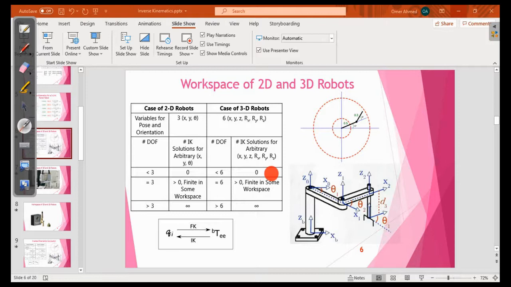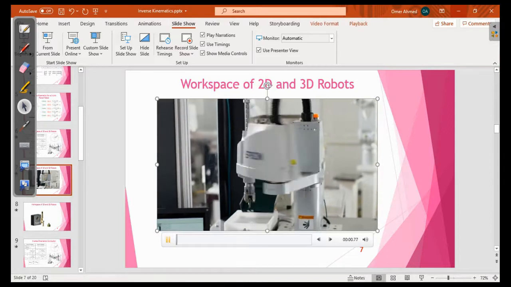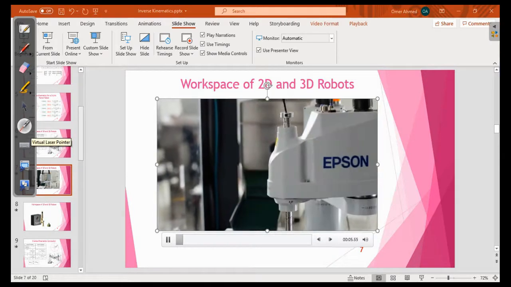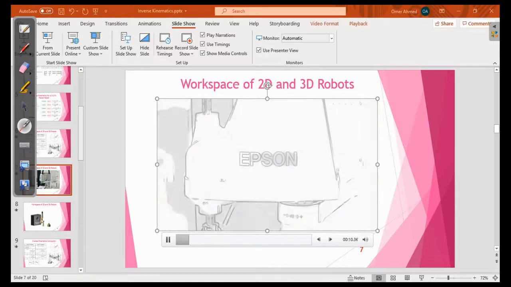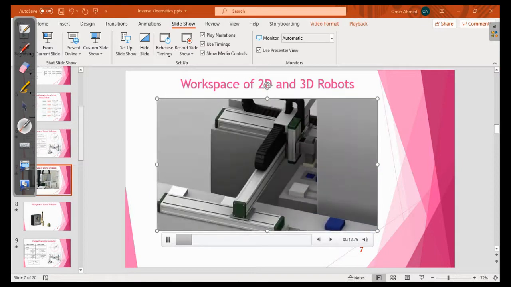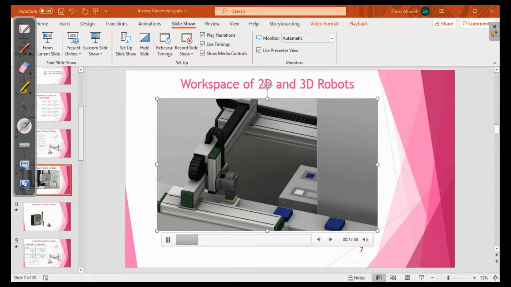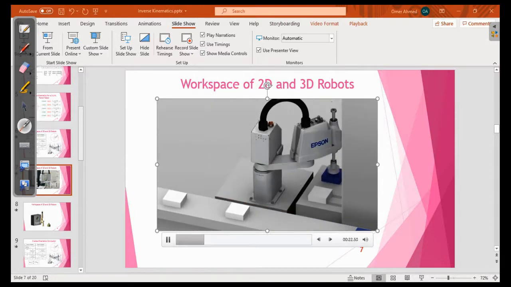Okay, we can look at a video of this robot. To make the end effector point out anywhere other than along its vertical axis, there is no workspace where this robot can achieve any position and orientation of the end effector.